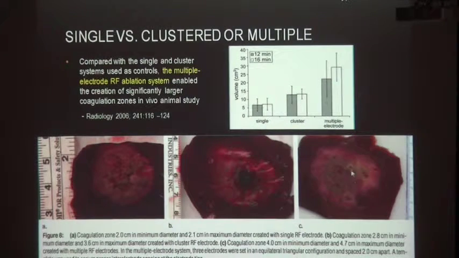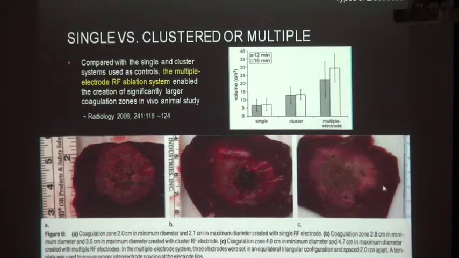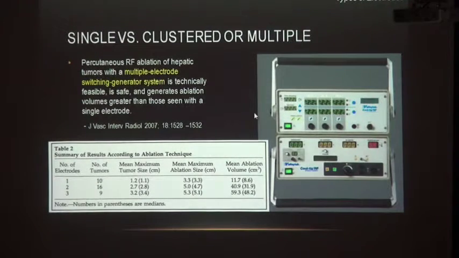This large ablation zone measures about 4 to 4.7 cm with a 2 cm inter-electrode distance in the multiple electrode RF ablation. And in 2007, this article reported that a multiple electrode switching generator is technically feasible and safe and generates a large ablation volume. This is very popular worldwide.